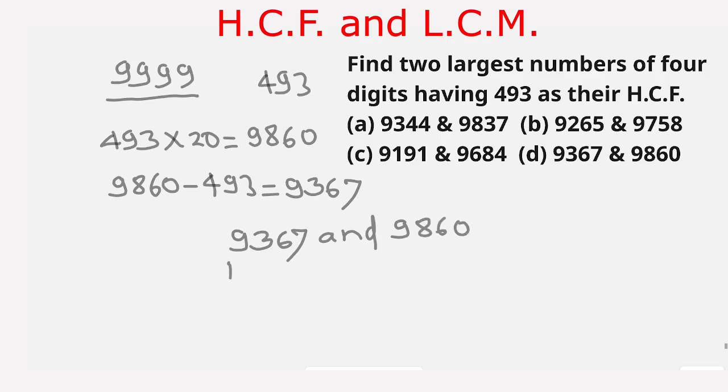These are the largest two numbers of 4 digits having HCF 493. And from the given options, our answer is option D, 9,367 and 9,860. I hope you have understood the method of solving such type of questions. We go to the next question.